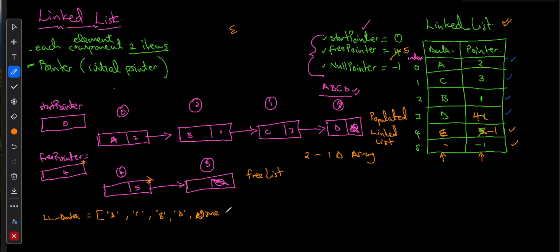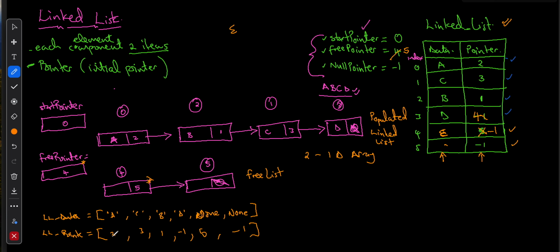None in Python, or I can just say again here there is none, to indicate that these elements are not populated. Then I can go ahead and say the linked list with the pointers is going to come through as I have 2 on the first one, I have 3 on the second one, I have 1, I have a -1, then I have a 5, then I also have a -1.